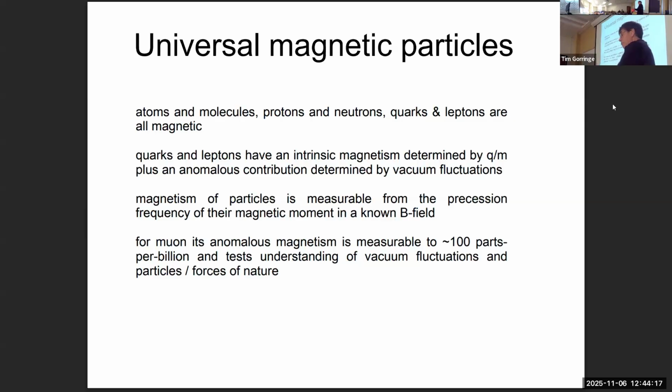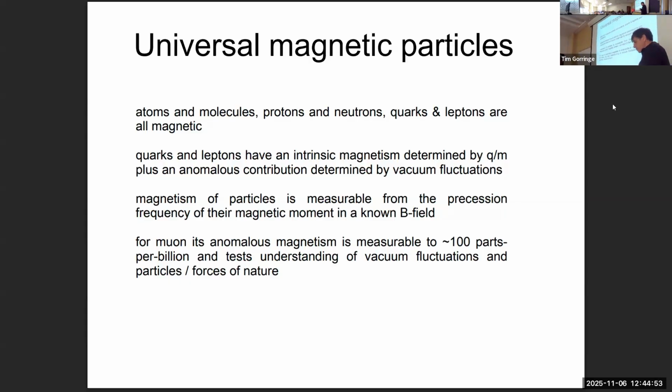The Dirac equation predicts that charged spin-half particles will have an associated magnetic moment, or magnetism, that is determined by their charge to mass ratios. That comes out of the standard model. That's a prediction of the standard model that is verified. So there's this large contribution to their magnetism from that basic fact.